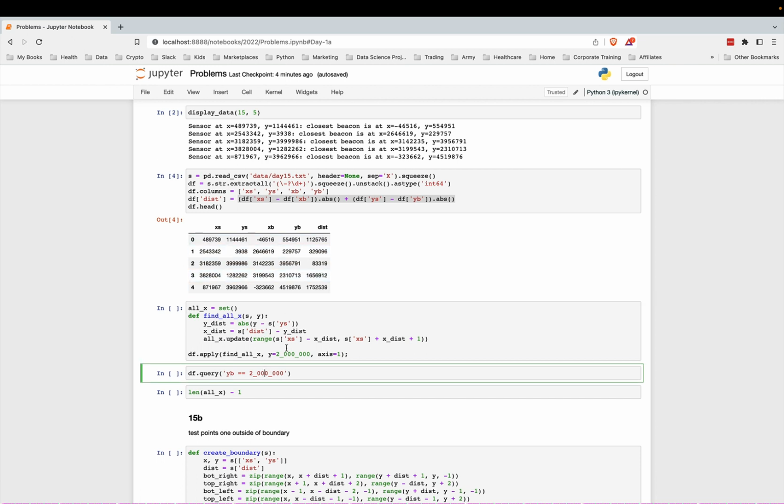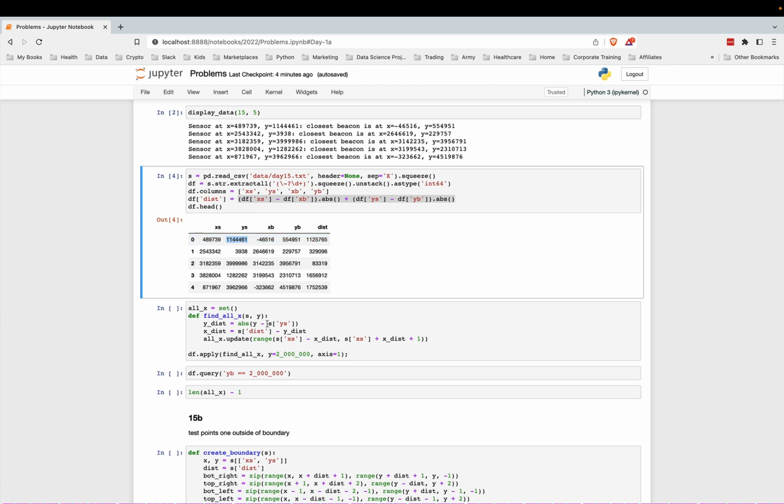I'm going to pass in y of 2 million. So we're doing axis equals 1. So we're given this row as a series. And what I'm going to do is find the distance from this to 2 million, the absolute distance. And then I'm going to grab this distance and figure out what is left over, right?